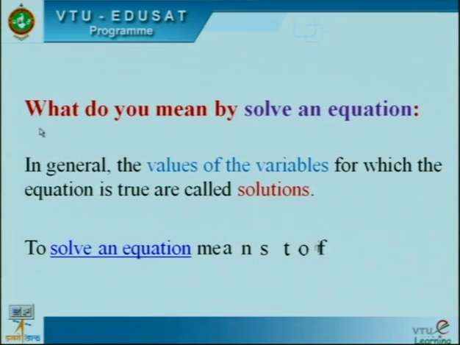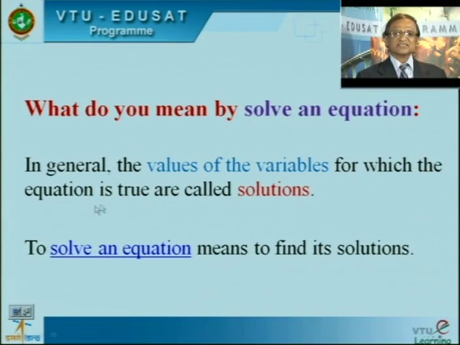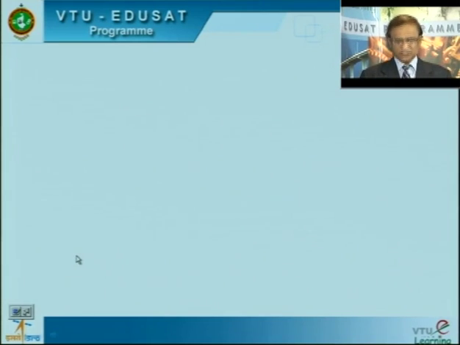Exactly in a similar way, now you want to find the solution of a differential equation, right. Sometimes we ask what it means to solve an equation. In general, the values of the variables for which the equation is true are called solutions, right. To solve an equation means to find its solution.